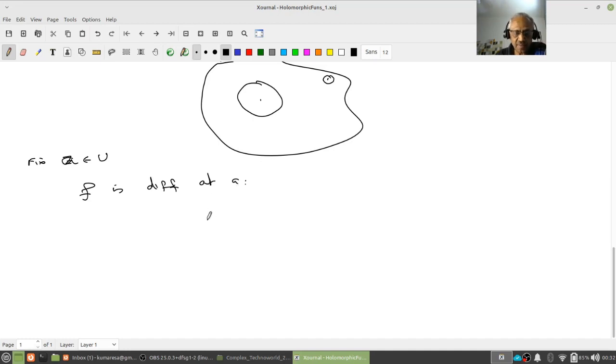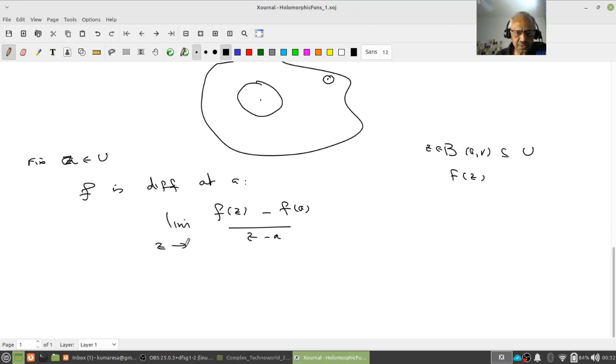Since A is in U, there is an R such that B(A,R) is completely contained in U. Therefore, for every Z in B(A,R), f(Z) makes sense because Z lies in the domain of the function. So what I want is to look at (f(Z) minus f(A)) by (Z minus A). This limit as Z goes to A should exist.